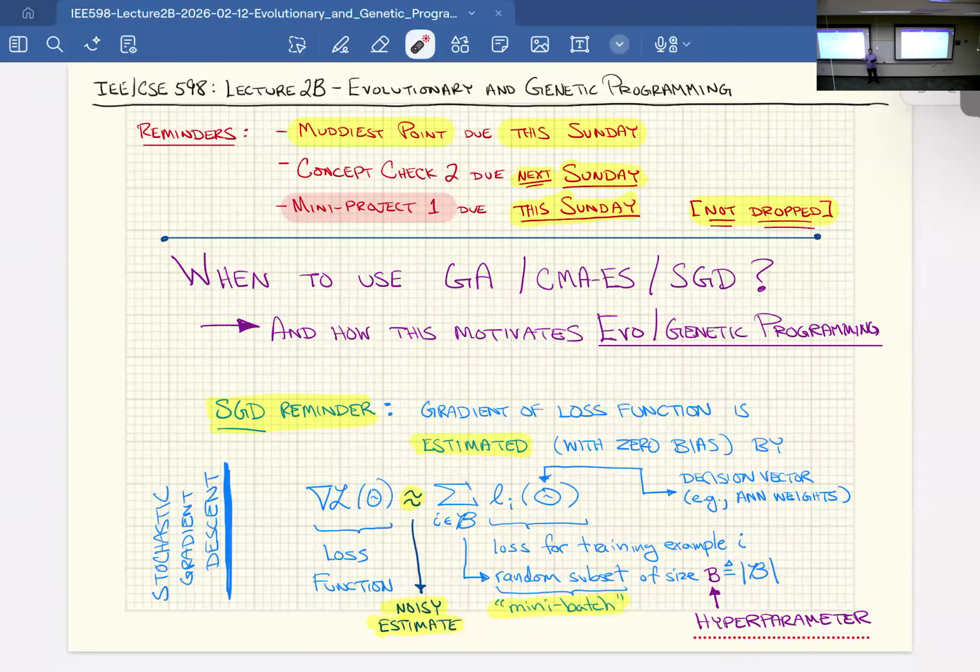So for every example, you can calculate a so-called loss. That's this loss I here. This theta is your decision space, which in the case of a neural network is the weights of the network. So this is saying what's the loss, the difference between the predicted output relative to the expected output.